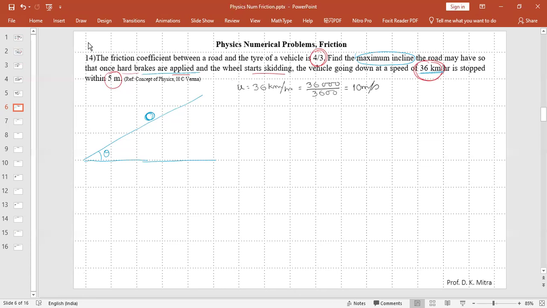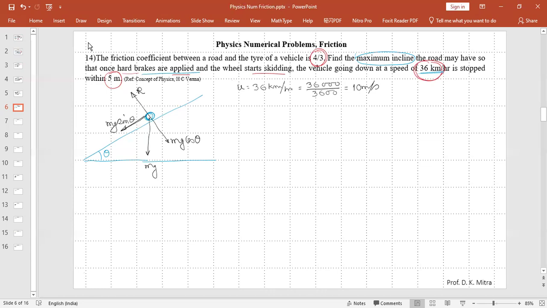Now what happens? The car has a downward force mg, and it has a component mg cos theta normal to the plane, and the same is the reaction force R, which is also equal to mg cos theta. There will be an inclined component of this mg, which is mg sine theta.